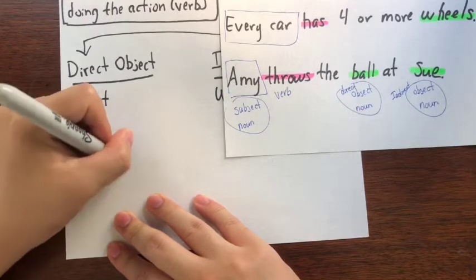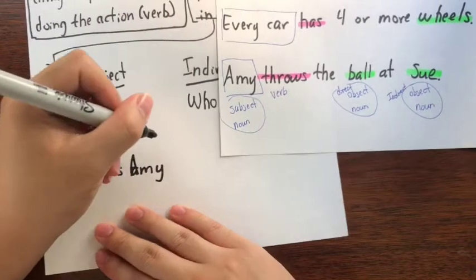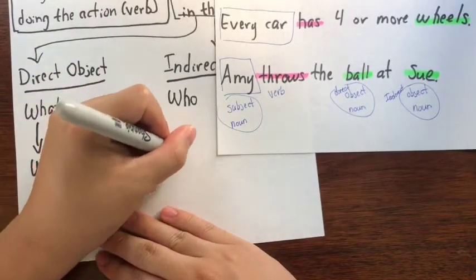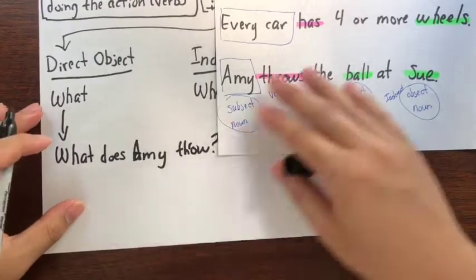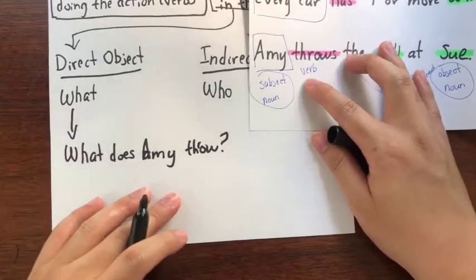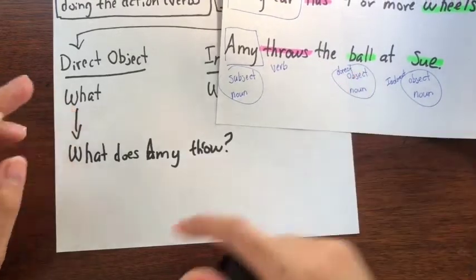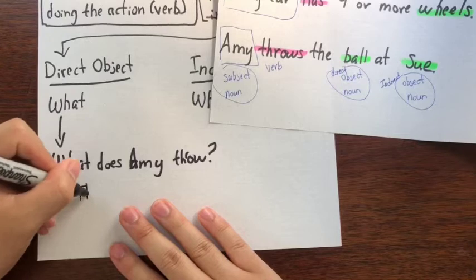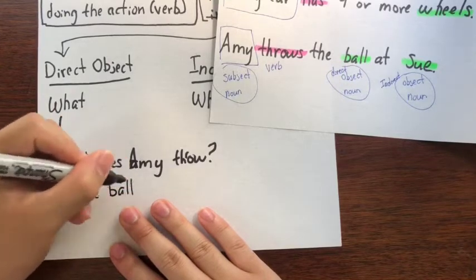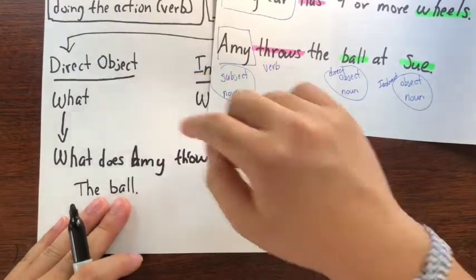What does Amy throw? We want to know what. The ball. Amy throws the ball. The ball is the direct object.